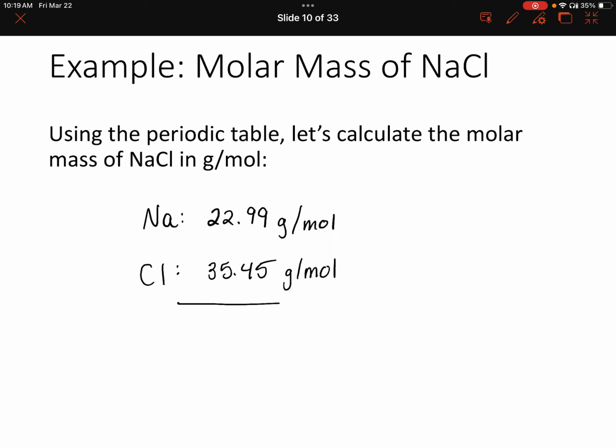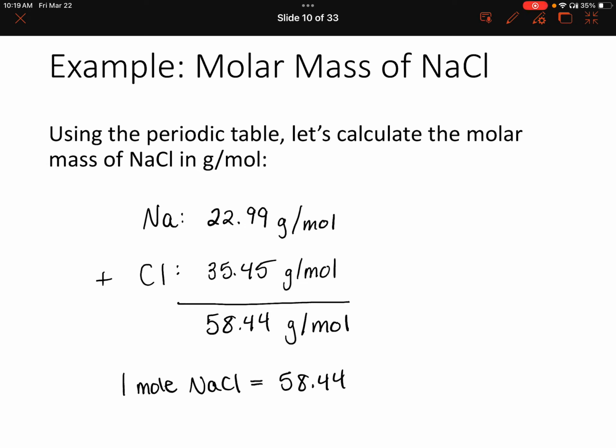If we add those together, we'll get a total mass for sodium chloride that is 58.44 grams per mole. So what this tells us is that 1 mole of sodium chloride is going to weigh 58.44 grams.